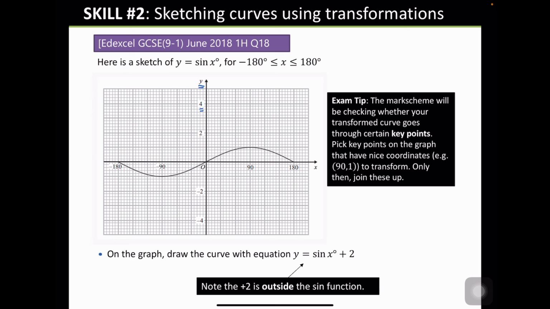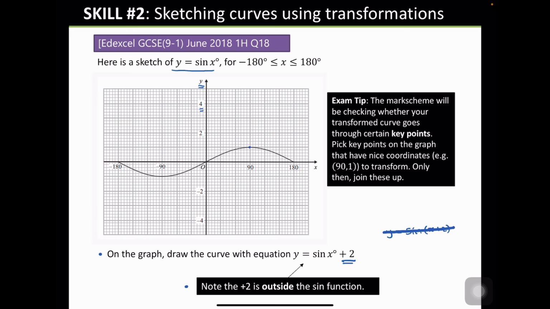On the graph, draw the curve with equation y equals sine x plus 2. Is the 2 within the brackets or outside the brackets? If it was inside the brackets, it would be like this, but it's not. It's clearly outside the brackets. So we'll have to move our sine graph up by 2 spots.